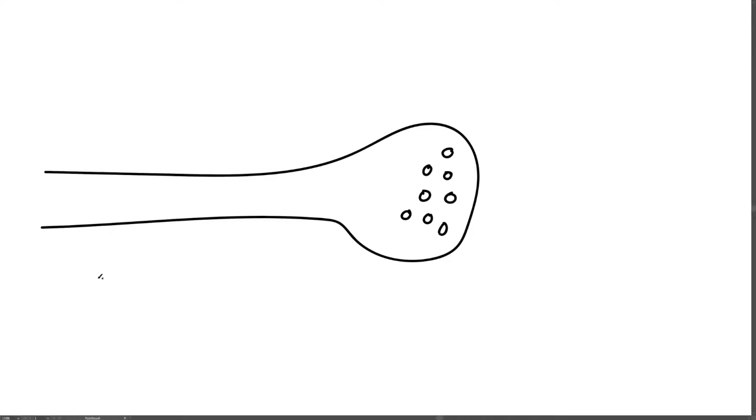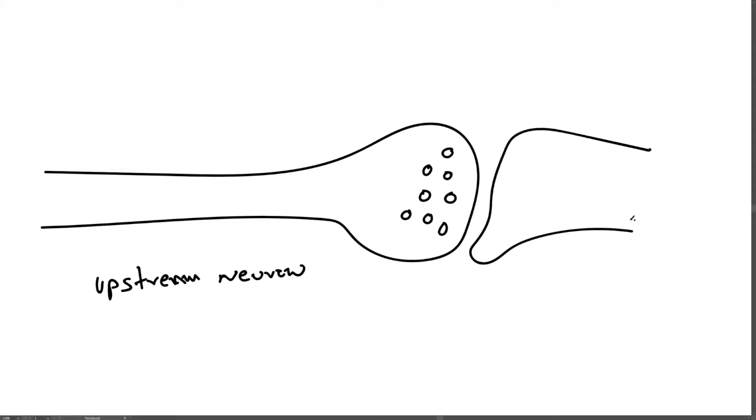So this is the upstream neuron. And then the downstream neuron, which is the series of giant axons, I'm only going to draw one, the one that's involved in the experiment, has the other side of the synaptic connection. That is, this is the downstream cell.